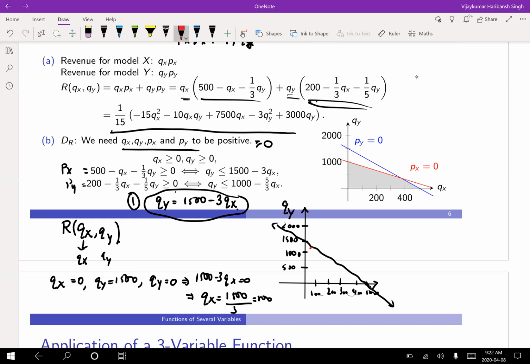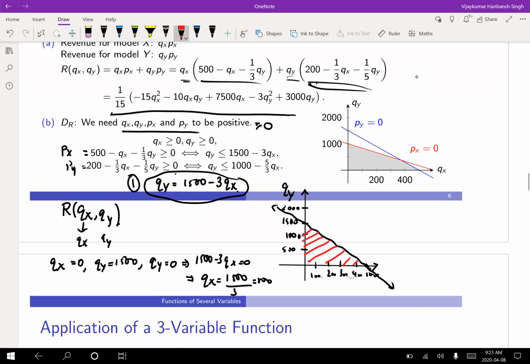So let me just draw. For the first part, it's not the complete domain yet, because for the complete domain, all four should be satisfied. Now, for the second part, similarly, we have QY less than 1000 minus 5 by 3 QX.